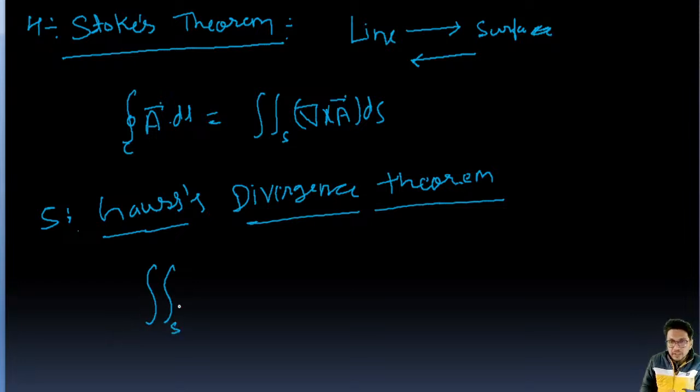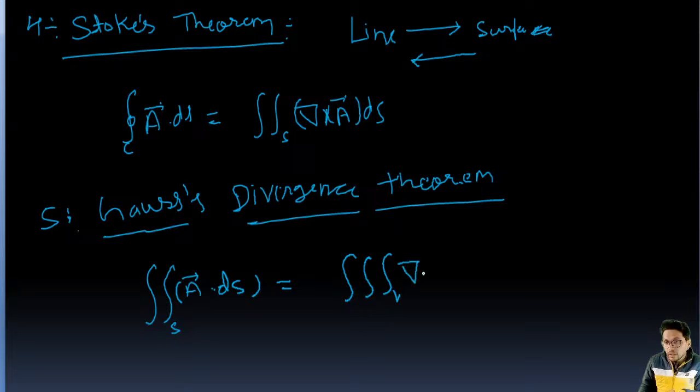The surface integration of A dot ds is going to be equal to the volume integration of divergence of A d tau, or dv, where this is the volume element. Okay, so these are the theorems. Now we will solve questions regarding this.